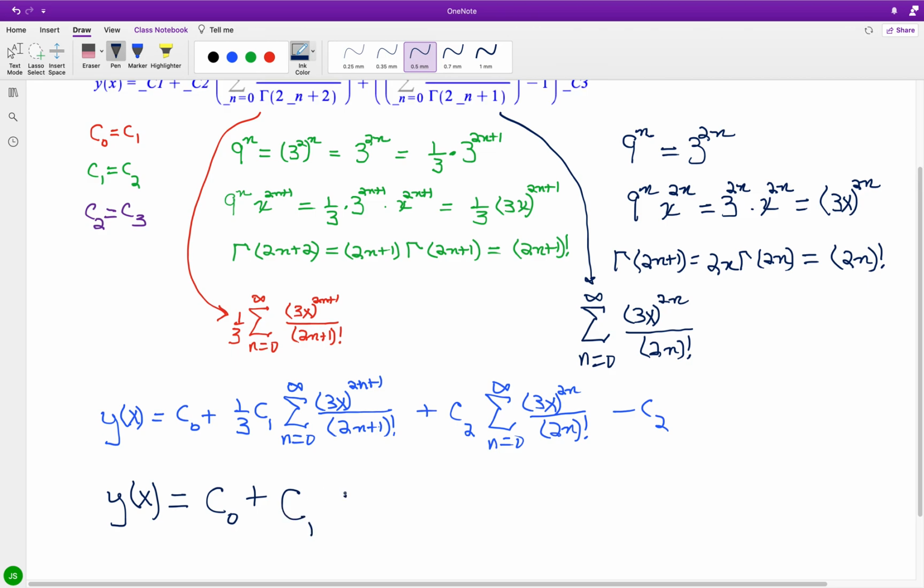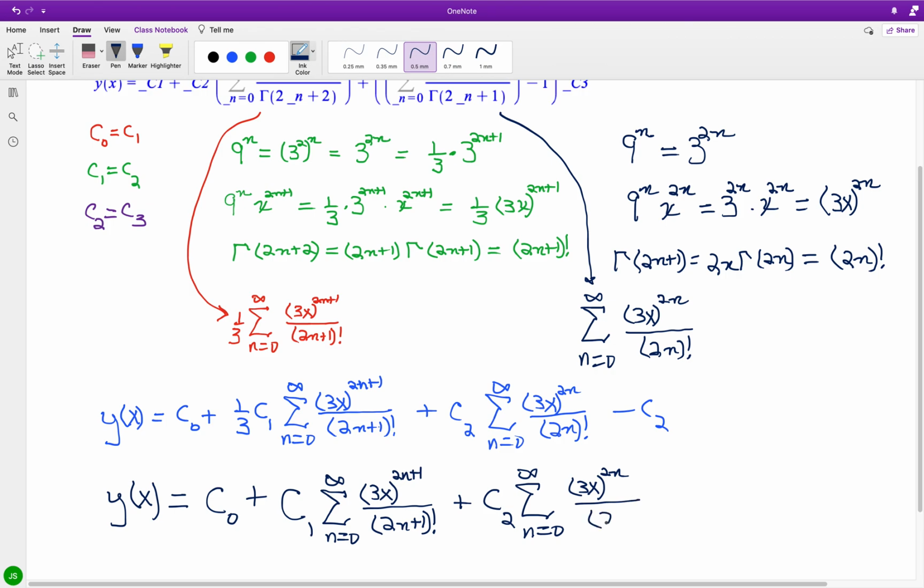You have c1 times the summation as n goes from 0 to infinity of 3x raised to the 2n plus 1 all over 2n plus 1 factorial, and plus, again, c2 times the summation as n goes from 0 to infinity of 3x raised to the 2n all over 2n factorial.